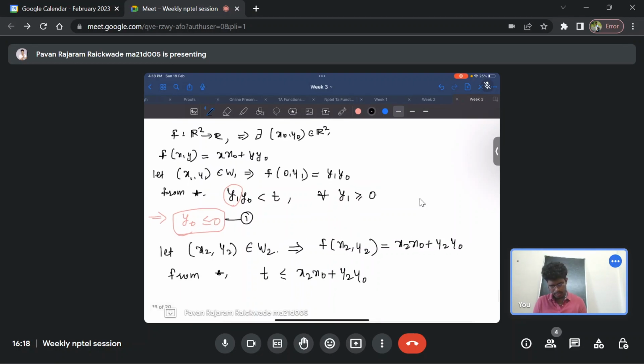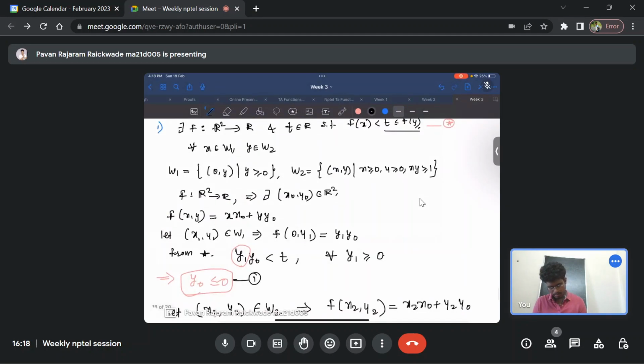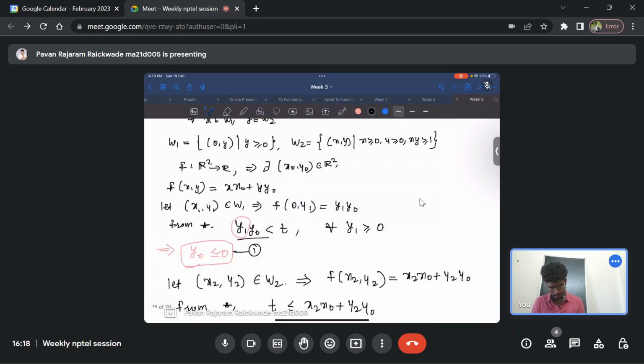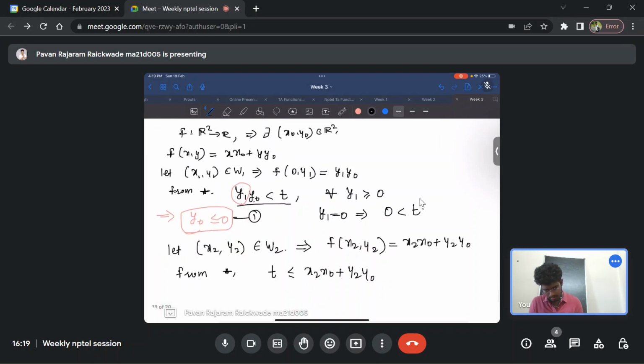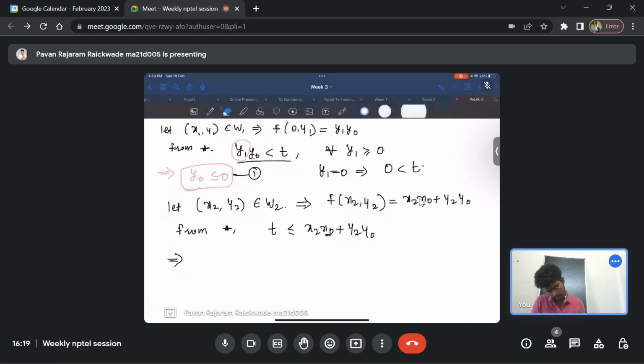First of all, t has to be greater than 0, because from here y1·y0 should be strictly less than t for all y1 ≥ 0. If you put y1 equal to 0, what do you get? 0 is strictly less than t, right? So t has to be strictly positive. So what can be the condition on x0?